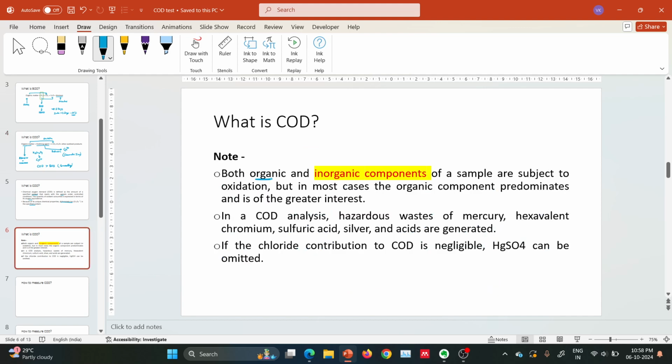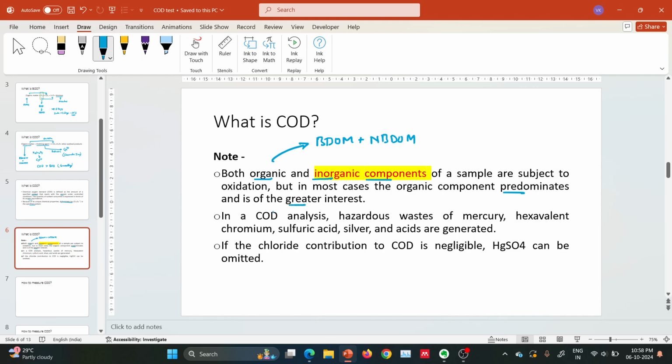So both organic and inorganic: biodegradable organic matter plus non-biodegradable organic matter plus inorganic compounds. Inorganic components of the sample are subjected to oxidation, but in most cases the organic component predominates and is of greater interest.